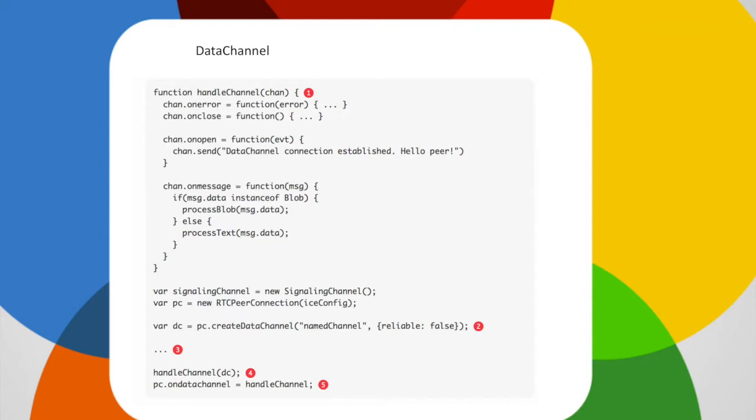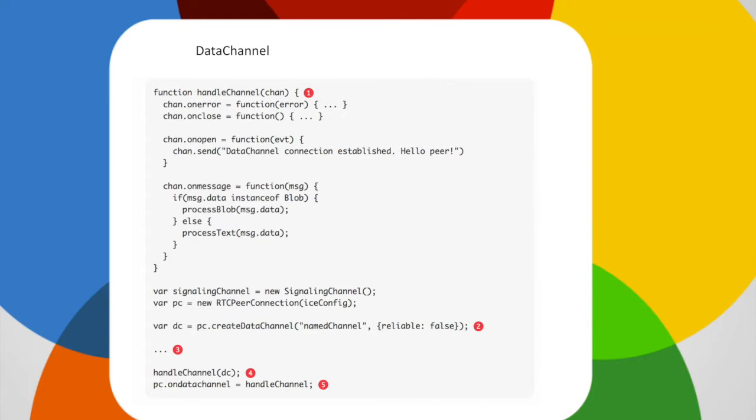The data channel API intentionally mirrors that of the WebSocket. Each established channel fires the same onClose, onOpen, and onMessage callbacks, as well as exposes the same binary type. However, because data channel is peer-to-peer and runs over a more flexible transport protocol, it also offers a number of additional features not available to WebSocket.